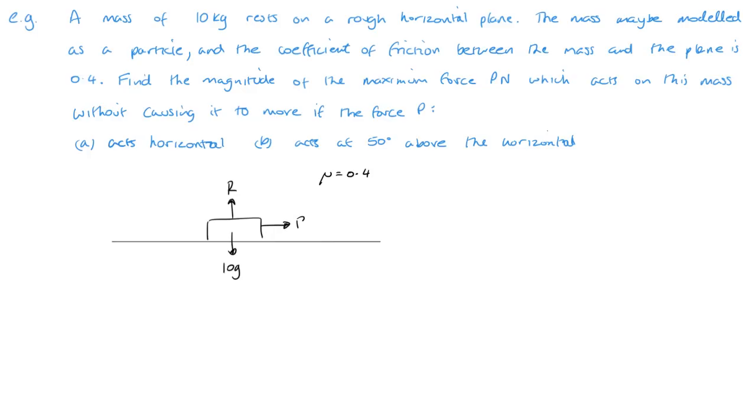We'll go this direction, and then the opposite direction is going to be the friction. Because we're looking at the maximum force, this is going to be in limiting equilibrium.